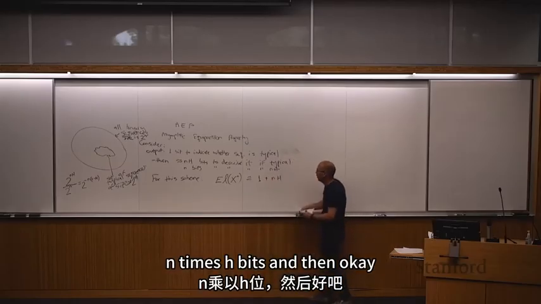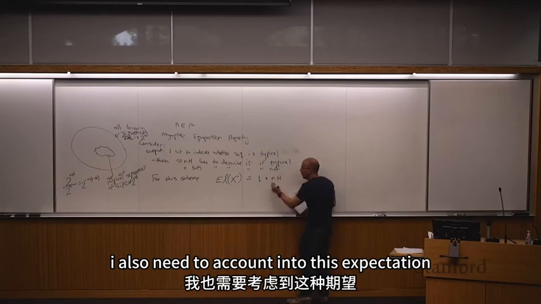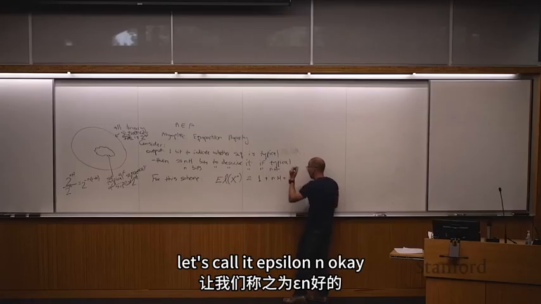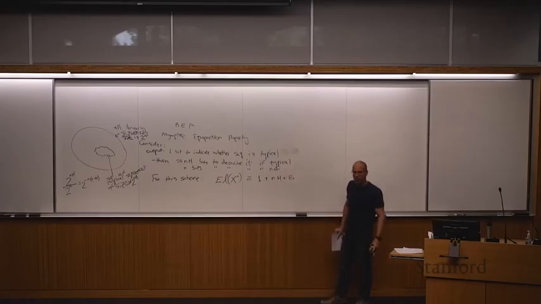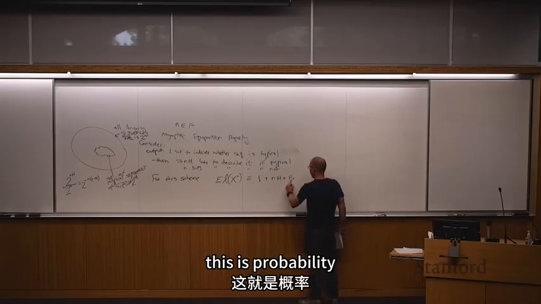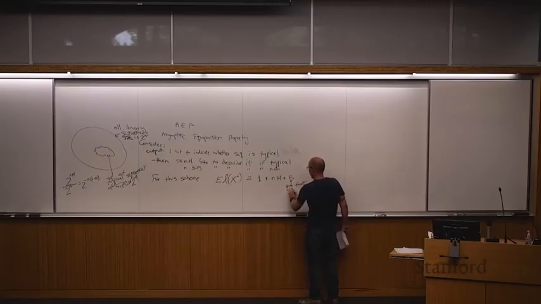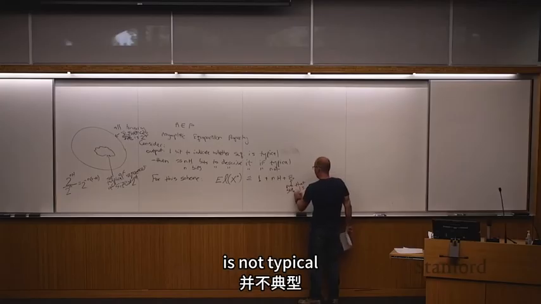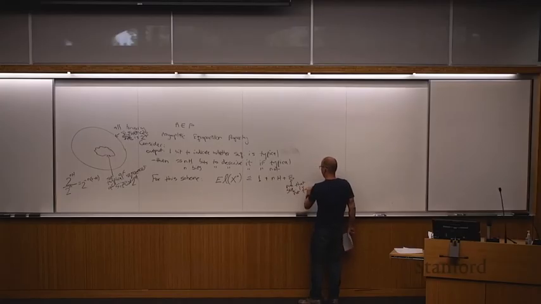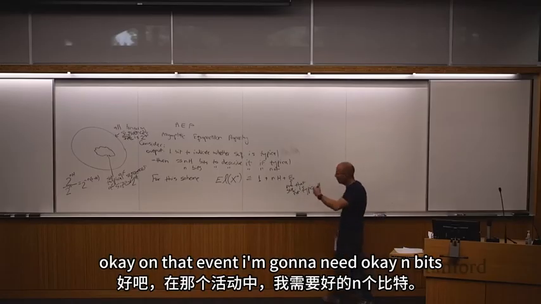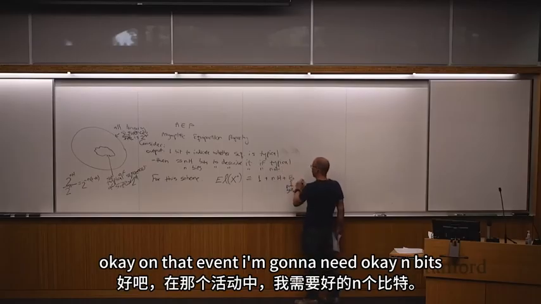And then I also need to account in this expectation for the really small probability, let's call it epsilon_n, that the sequence is not typical. On that event, I'm going to need n bits.